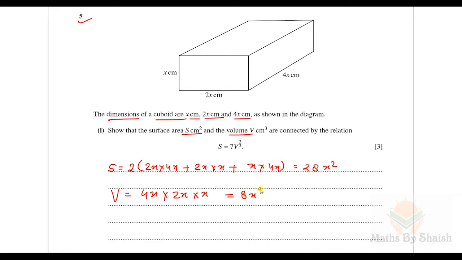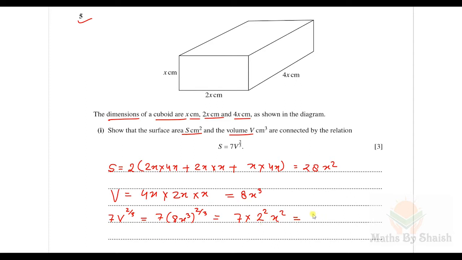It is 8x cube. Now we need to prove this relation. We'll start with the right hand side, that is 7V to the power 2 by 3, and we'll prove that it is exactly the same as S. So 7V is 7 times 8x cube raised to the power 2 by 3. 8 to the power 1 by 3 is going to be 2, so it is 2 square into x cube to the power 1 by 3 is x, and squared it is x square.